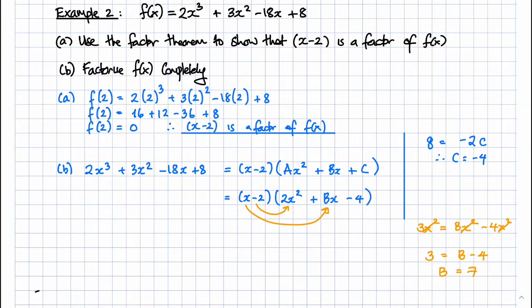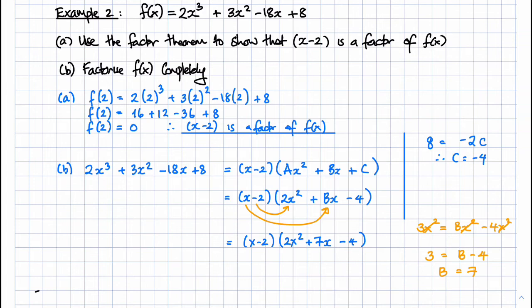So let's put that back in as well. So what do we end up with? We have x minus 2 multiplied by 2x squared, our b number, which is positive 7, so positive 7x minus 4. And that's our quadratic factor.